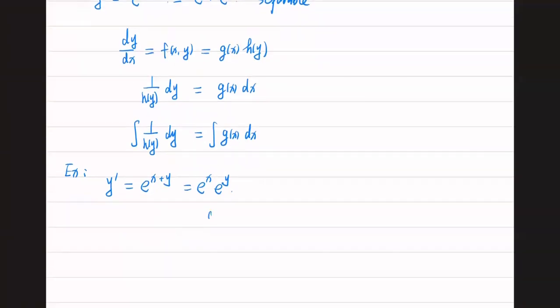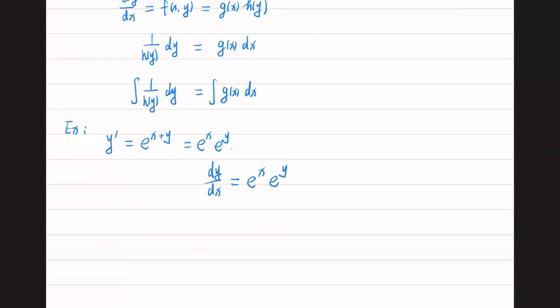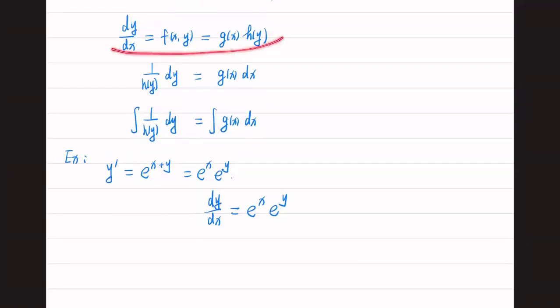First step, from derivative to differentials. Then, Zichen, next. So from here to there, how do we separate x and y? I divide the part of y from both sides. Then I move dx to the other side.